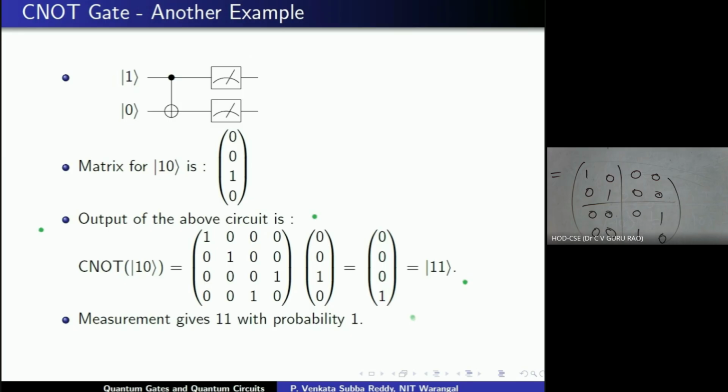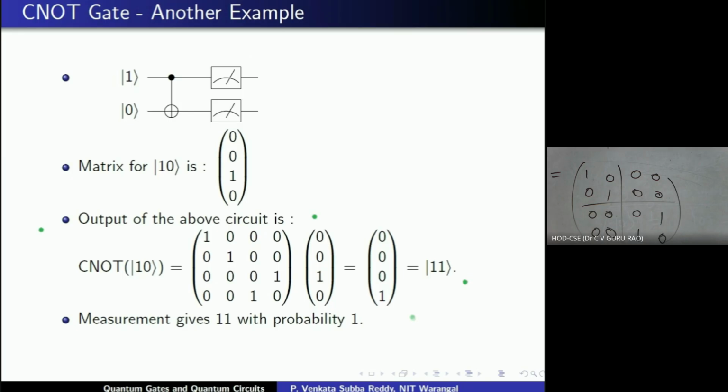If they tell what the matrix is, then you can talk about control Y, Z also, H also. Your paper also has control H, I saw that. Control H also we can talk about. That is called control NOT, control Hadamard, control Y, control Z. Any gate we can apply control.